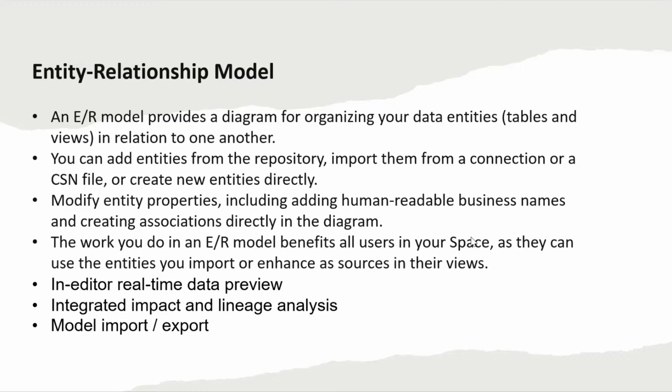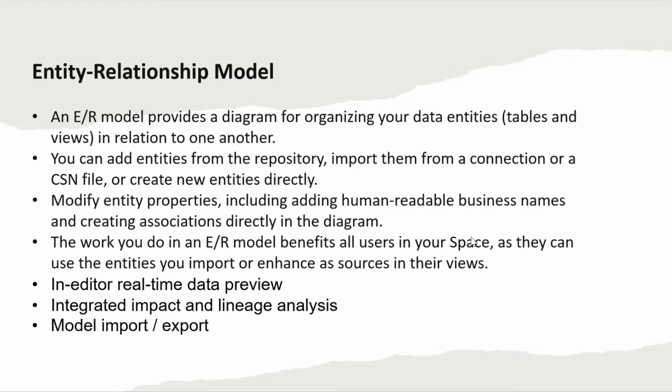So once we create an entity relationship model for a specific space or a specific business area, we basically include all those views and tables in that model, and we create associations showing how they are related to each other.